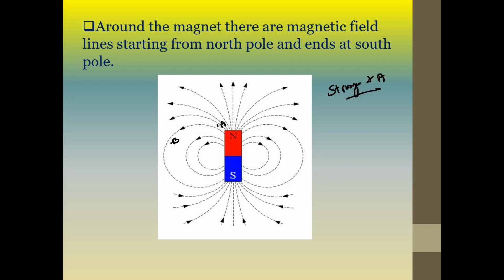Because you can see the distance between the field lines is small, but here at B, the distance between the field lines is greater. The concept is that as we move away from the magnet, the strength of the magnetic field also decreases. So if you are closer to the magnet, you will experience a stronger magnetic field as compared to when you are away.